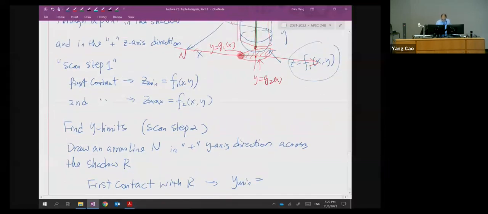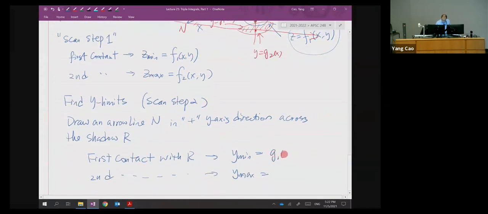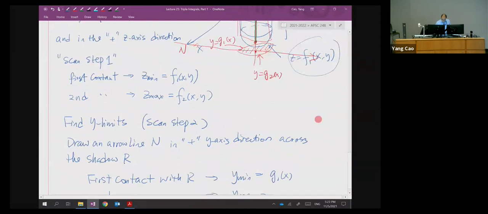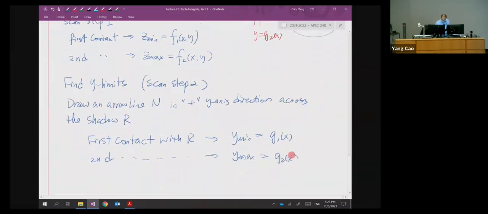Assuming the first contact falls onto the boundary curve G1 of X, then your Y min is G1 of X. If the second contact falls on G2, your Y max will be G2 of X. Now you have the limits for the Y variable from scan step number 2.